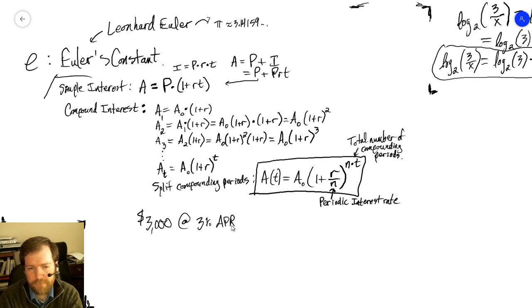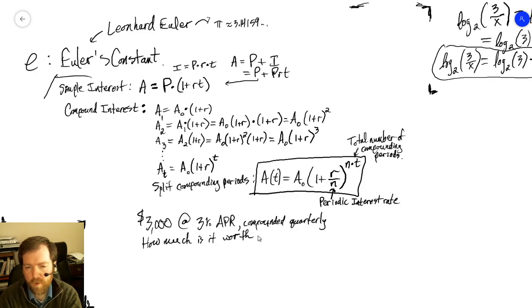So it's compounded quarterly. How much is this bond, or whatever it is, going to be worth after 5 years?